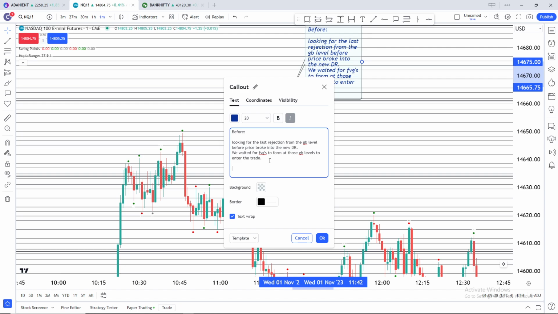So the only change that I'm going to make right now is we are going to use the concept of external range liquidity to internal range liquidity.